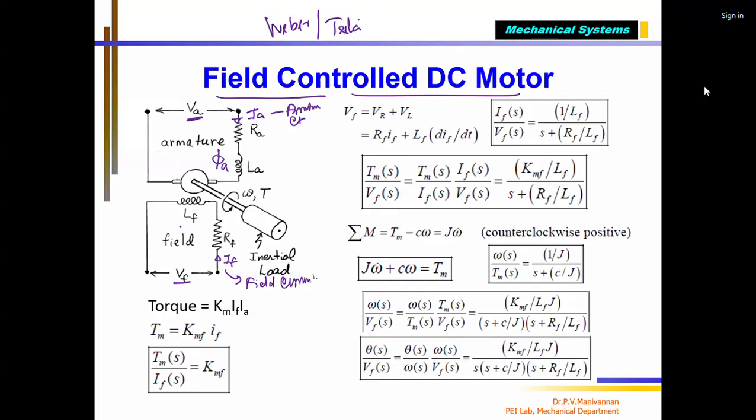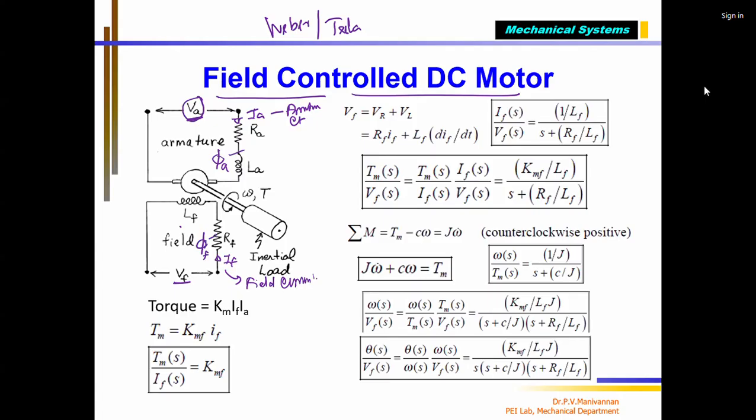We will say Weber, correct? Because the IF current is flowing, there will be a magnetic field phi F, which is so many Webers. Similarly, IA current is flowing because we have supplied input VA, so there will be phi A amount of magnetic flux.